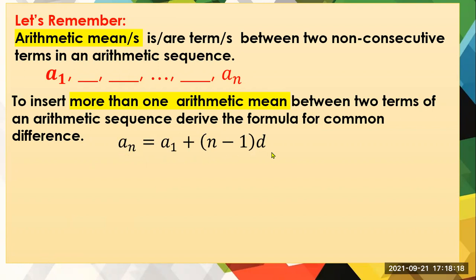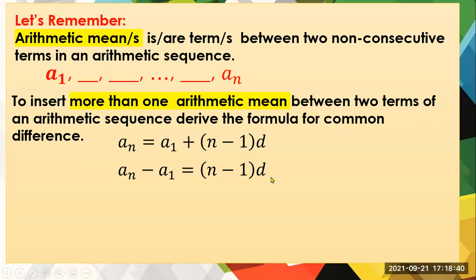So this is the formula for arithmetic sequence. Then, since we want to have the d on one side, the first thing is to subtract a sub 1 from both sides. Okay? And then, since this d has an operation of multiplication, the opposite of that is division.